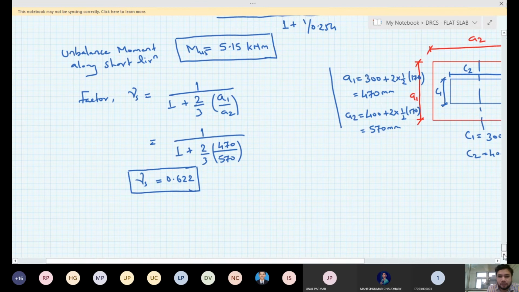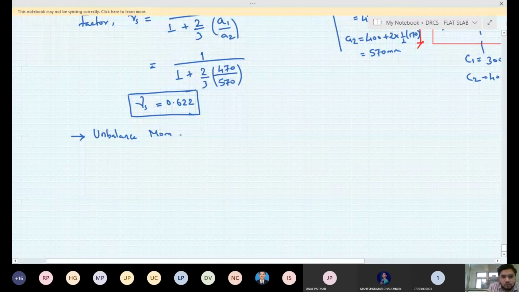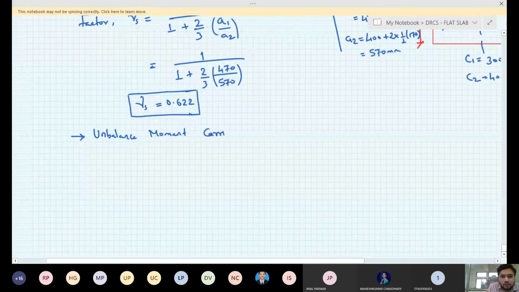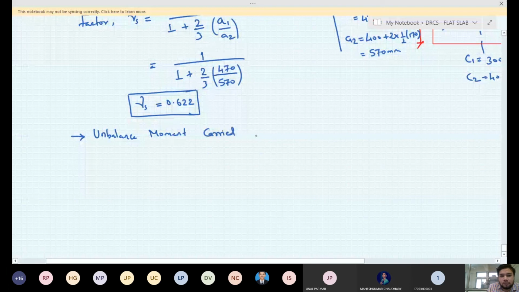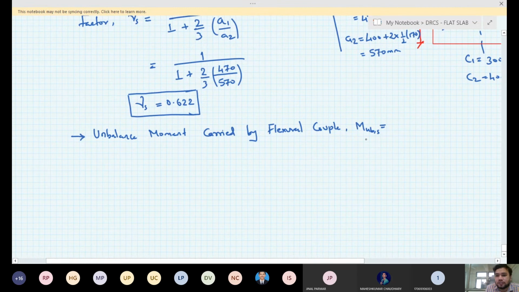So same as earlier, we can write the unbalanced moment carried by the flexural couple, that will be MUB is equal to, now again this is along the short direction. You can also differentiate the two.